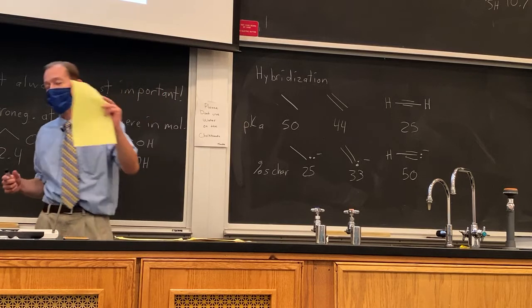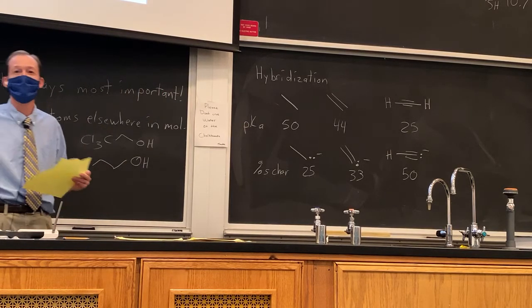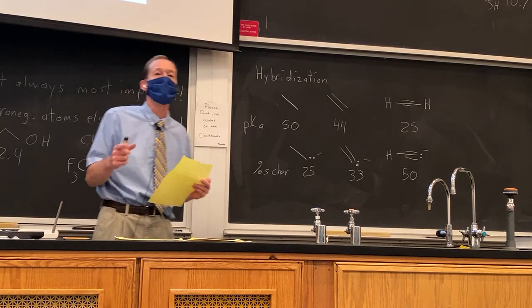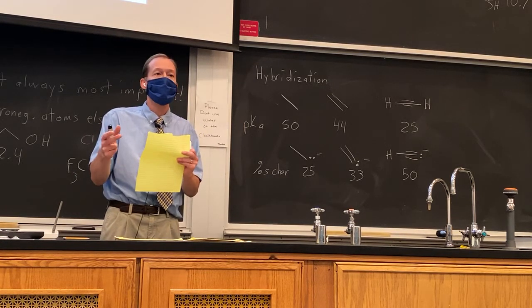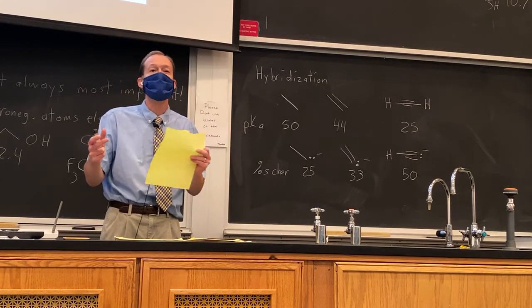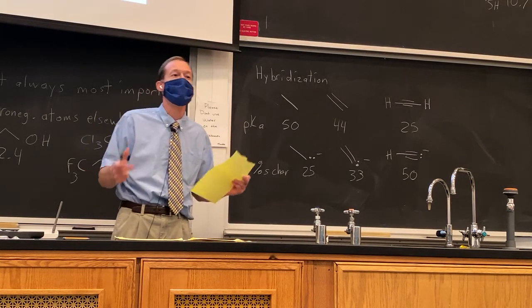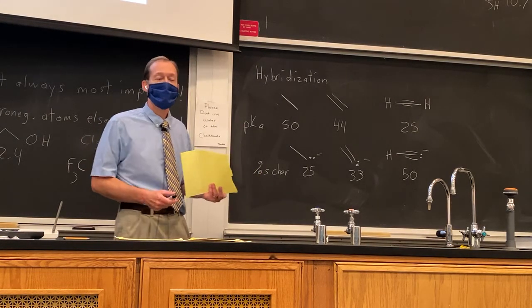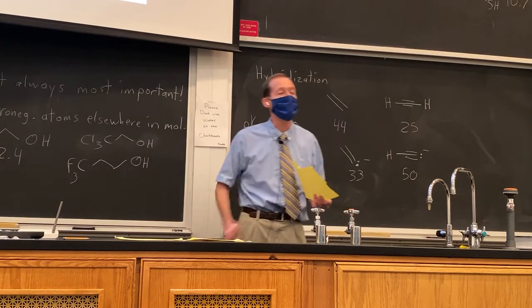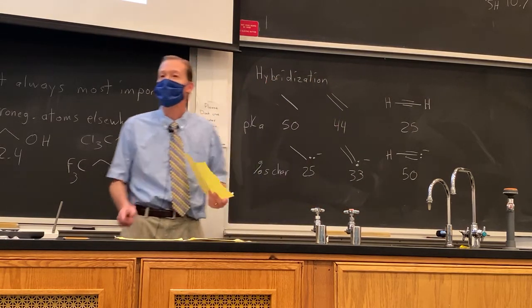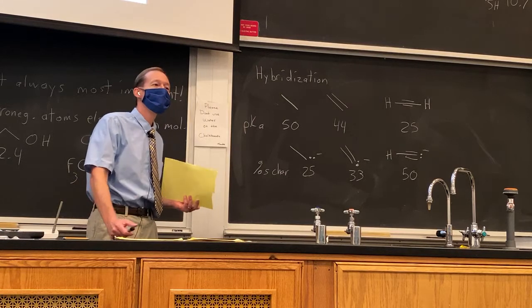So the reason I brought up that question was not to trick you or make you feel confused, but just to make the point that there is a difference between bond strength and acid strength. We're measuring two different properties. They are not the same. Okay, so that's how we're able to reconcile that seeming inconsistency. Any questions about that?